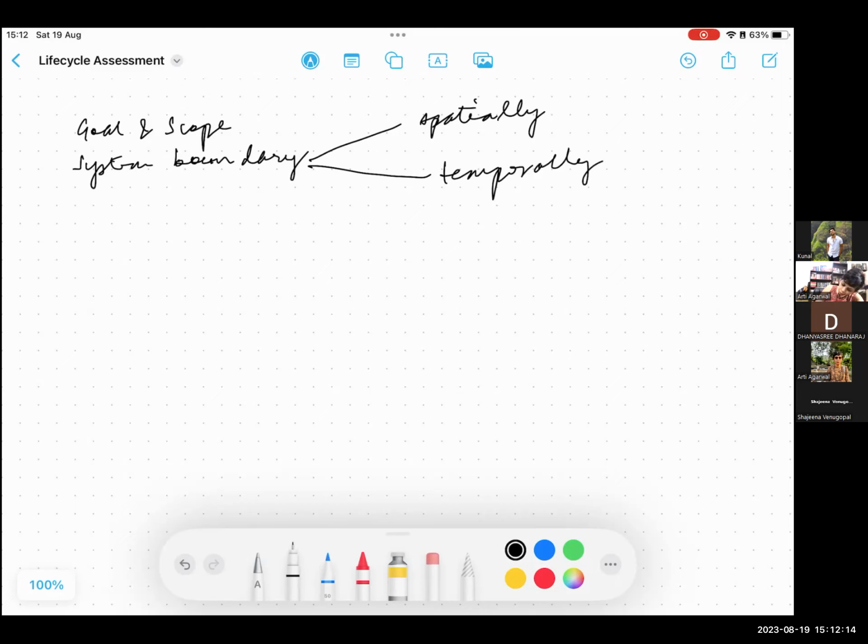So when you define the system boundary, then you can continue to all the next steps, which is that you do an inventory and you do the environmental impact assessment. And then you compare results.